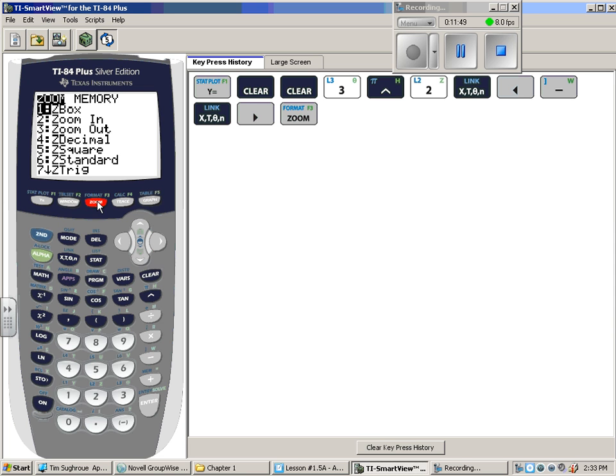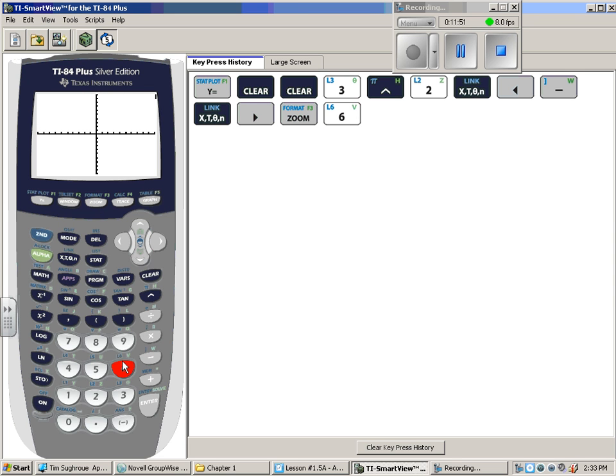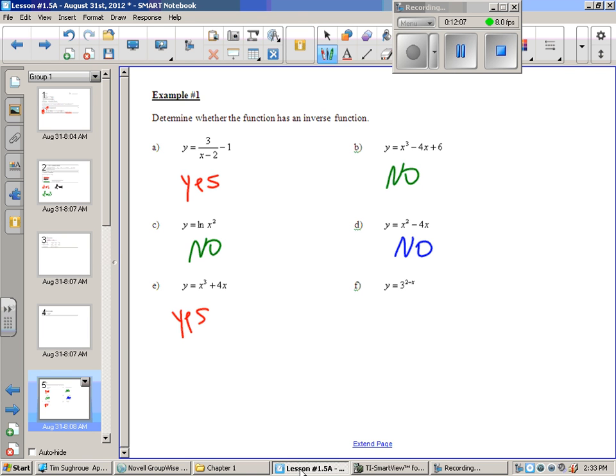We're going to go zoom 6. Okay. And we see it's a one-to-one function. It has a horizontal asymptote at 0. It does continue to grow this way, but it does pass the one-to-one function test, both the horizontal and the vertical line test. So this is one-to-one. Okay?